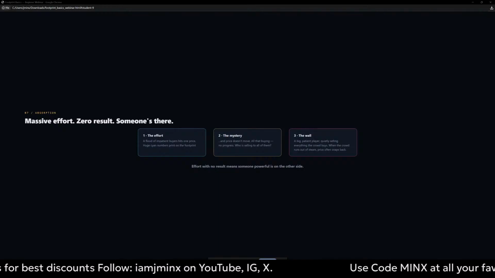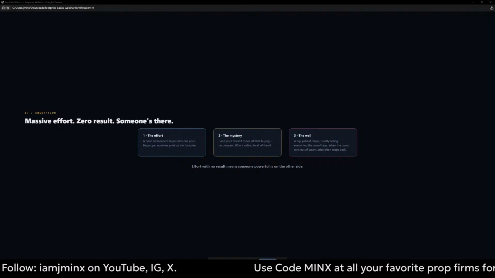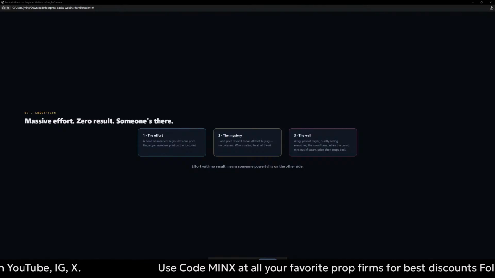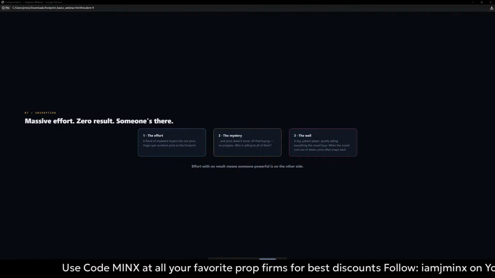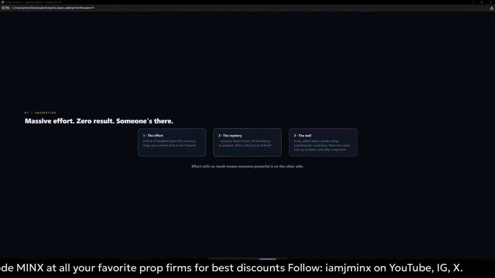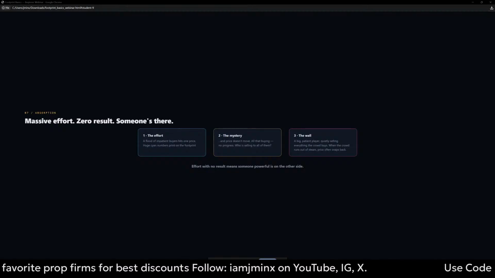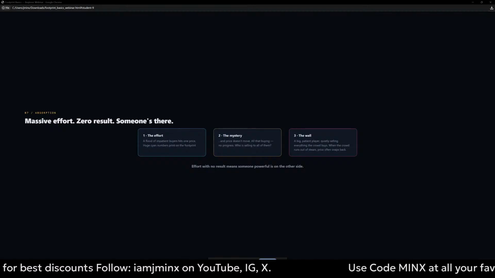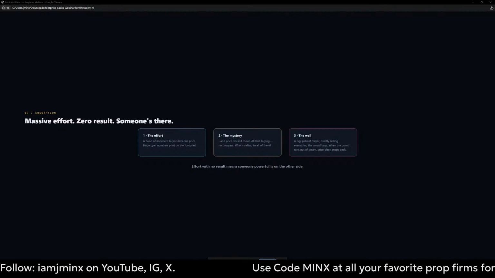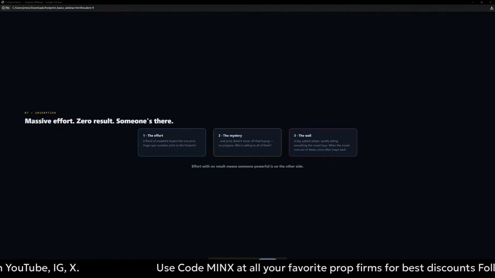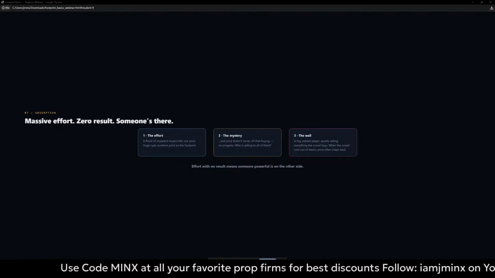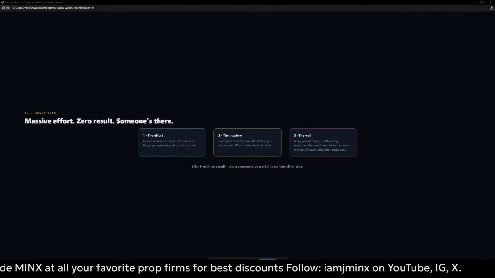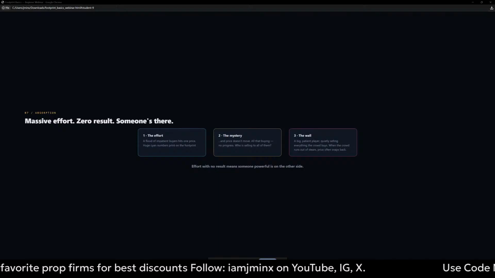What does that tell you about what's on the other side of the door? So on a chart, that's absorption. A flood of impatient buyers hits one price, giant numbers print, and price just stops. So massive effort, zero result. It means someone big and patient is standing there, calmly selling to every single one of them.